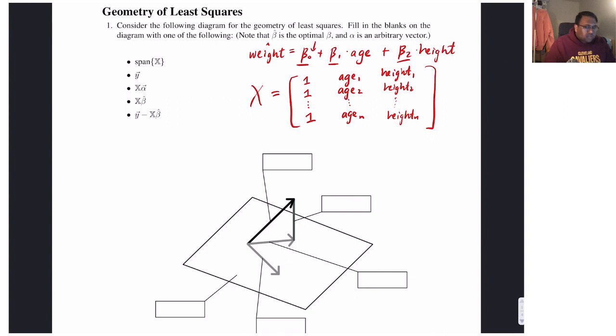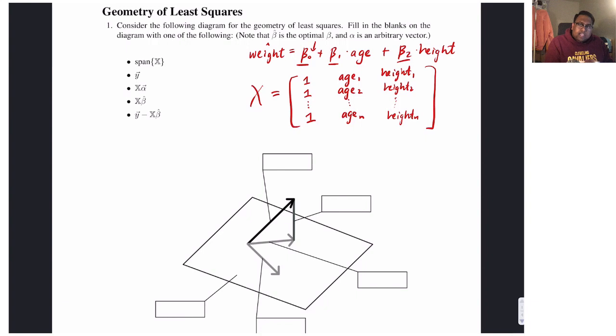Okay? So the main reason for me doing this example is to illustrate the fact that each column in my data matrix corresponds to a single feature for all of the observations. So for example, the first column in X is just 1 for everyone. The second column in X is everyone's height. And the third column in X is everyone's weight.